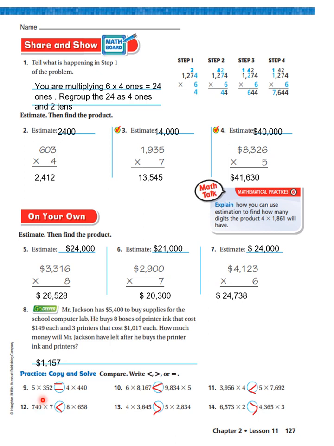All right, 5 times 352 is equal to 4 times 440.